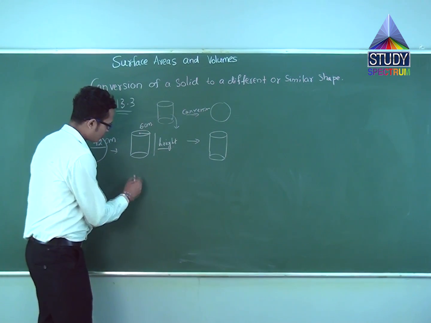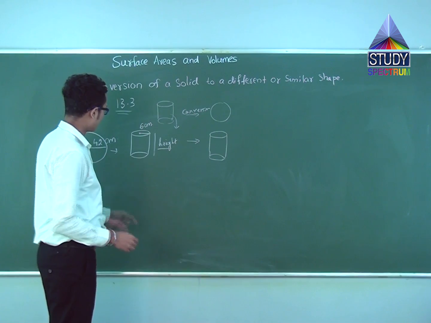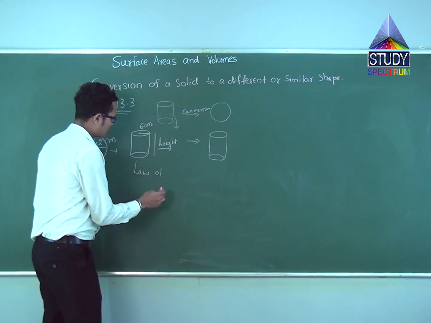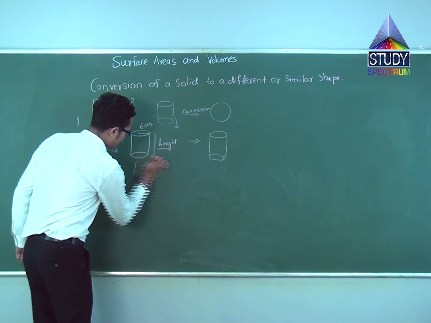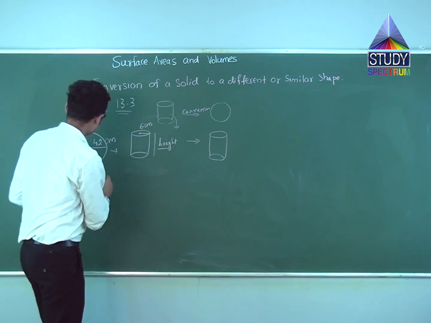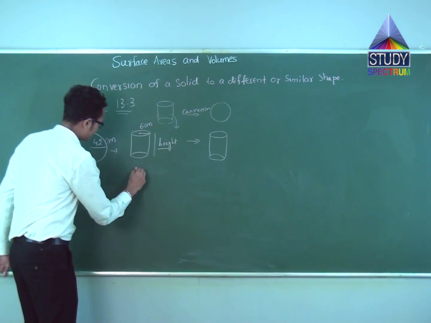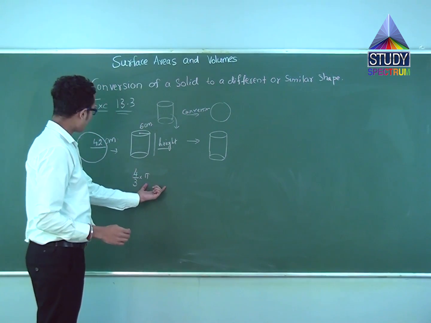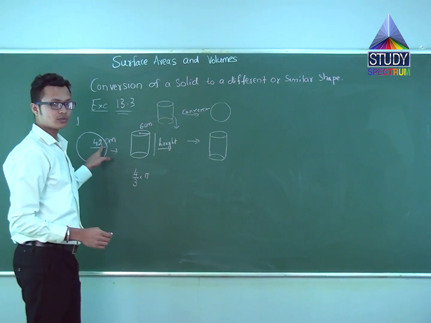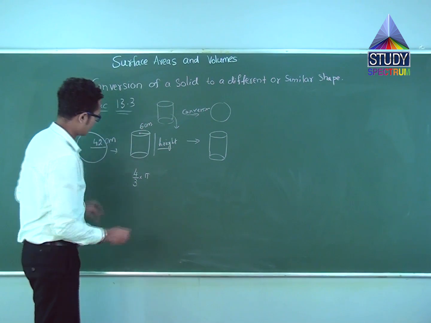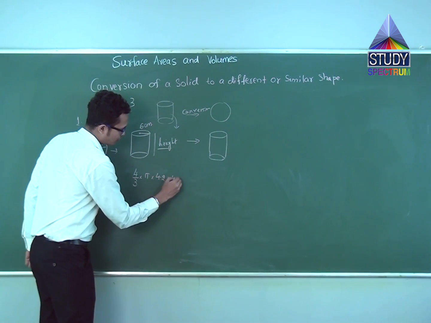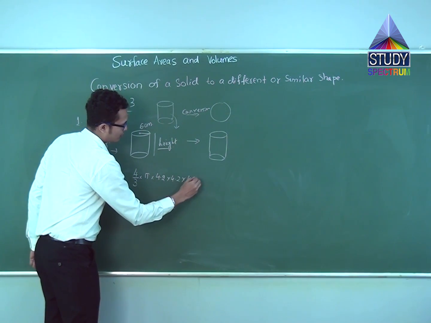Now, from the law of conservation of volume, this is physics, you all know it. I won't write this, I'll just solve the mathematics because we are dealing with mathematics. So volume of the sphere is given as 4 by 3 into pi r raised to 3, 4.2 raised to 3, or I can just write 4.2 into 4.2 into 4.2.